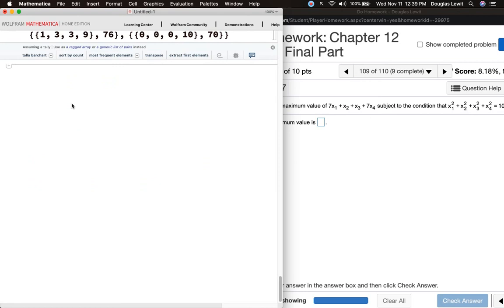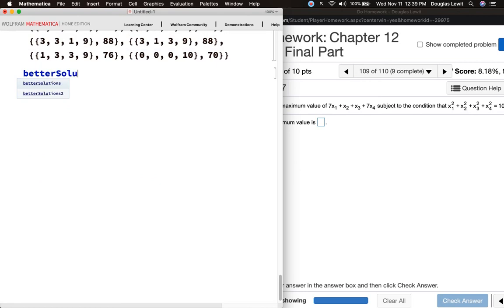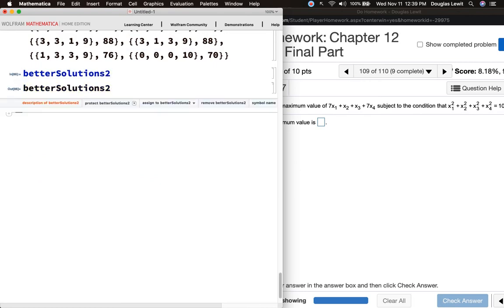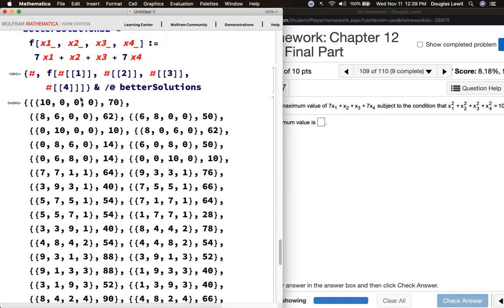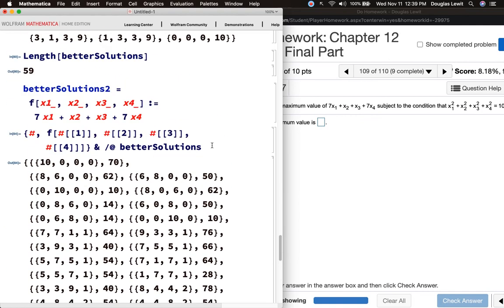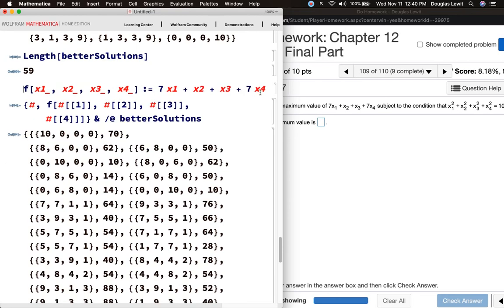Okay, one second, I want to see something. So betterSolutions2, something didn't get defined. Why didn't this get defined? That's really weird. Oh, because this is, okay, I screwed up my Mathematica worksheet here.